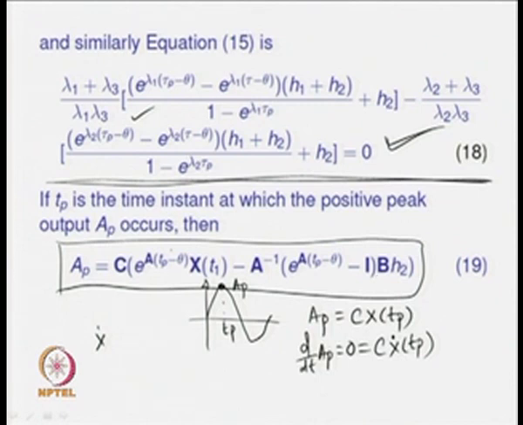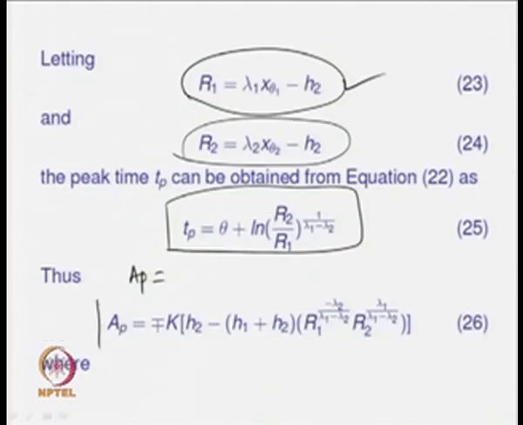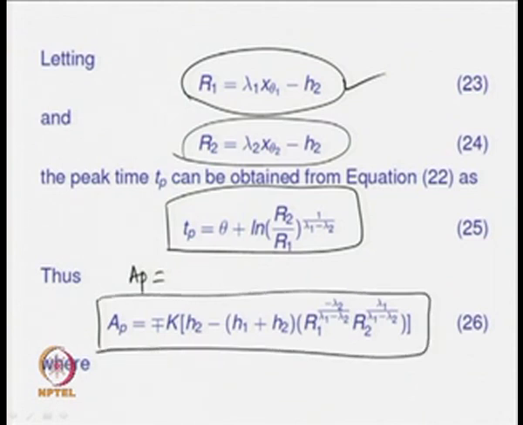So, when the expressions for Tp, C and A are substituted, we get the expression for the peak amplitude in the form Ap is equal to minus plus k times (H2 minus H1 plus H2 together) times R1 to the power minus lambda 2 upon lambda 1 minus lambda 2, times R2 to the power lambda 1 upon lambda 1 minus lambda 2. So, this is the exact expression one obtains for the peak amplitude of the sustained oscillatory output.